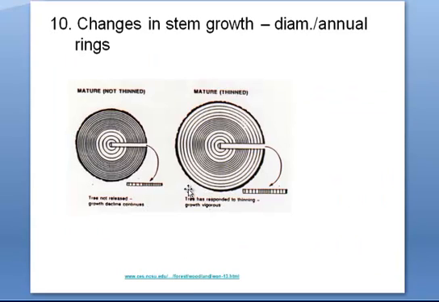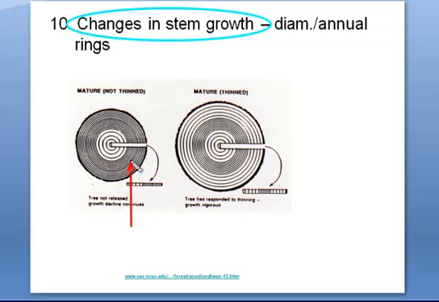So one of the things is that when a disturbance occurs in the forest, it's not always negative, and I want to stress that, because quite often a tree that is growing in close competition with other trees has very tight annual rings.